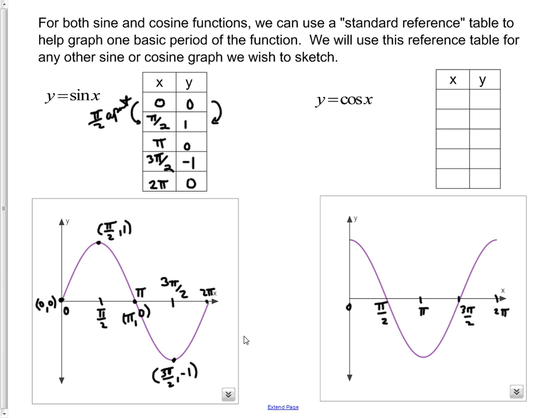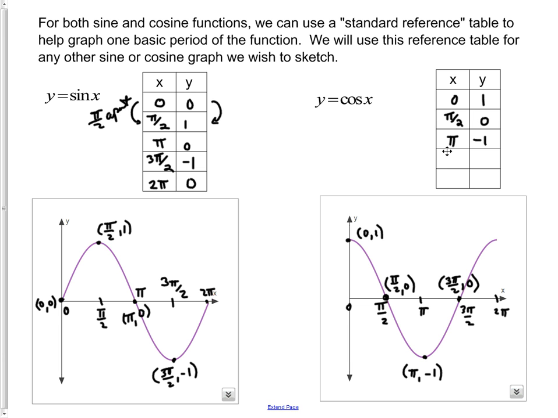Very similar thing that we can say about cosine. At x equals 0, we get y equals 1 this time. At x equals pi over 2, we find we get y equals 0. At pi, we find that y is equal to negative 1.